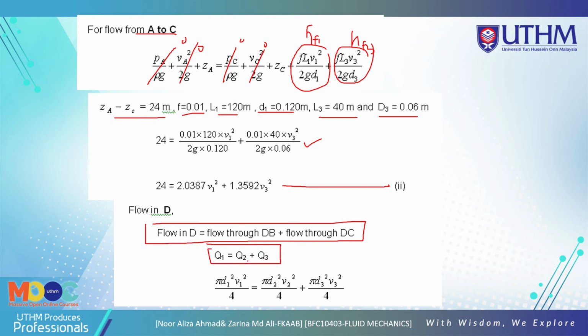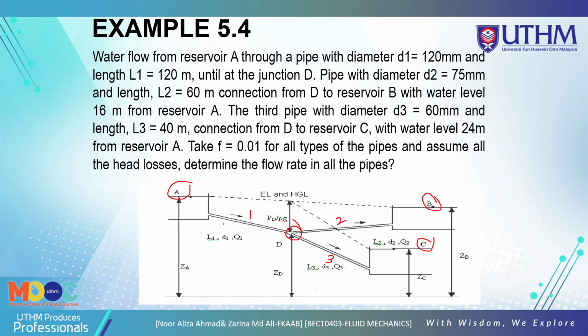So this is the concept of the continuity equation, which you have learned in chapter 3 and also chapter 4. For this branching pipe, the flow in D, Q1, is equal to Q2 plus Q3.